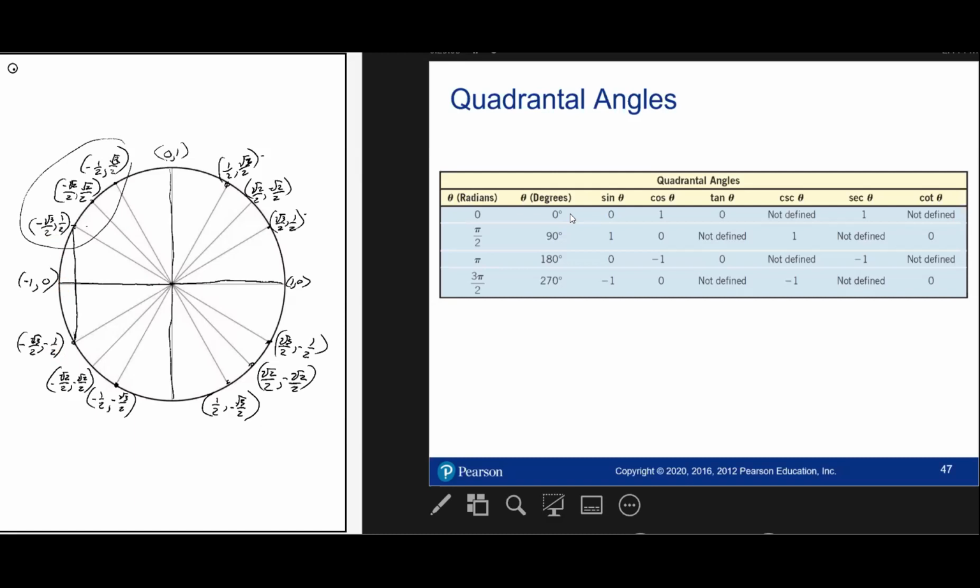So these 3 points and these 3 points have symmetry that the y values change signs. The x values stay the same. Same thing is true with these 3 and these 3. And the symmetry across the y-axis is that the y value stays the same, but the x value changes signs.